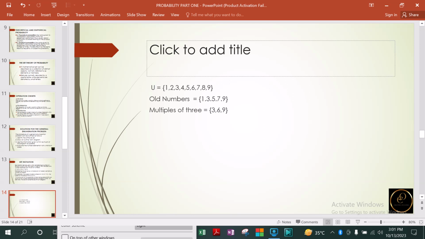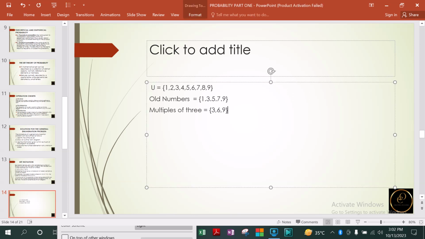What belongs to multiples of 3 is 3, 6, 9. Now we can see that between the set of odd numbers and the set of multiples of 3, there are common elements. There is 3, also 3 there, and there is 9, also 9 there. So these 2 are the ones which make the intersection set.